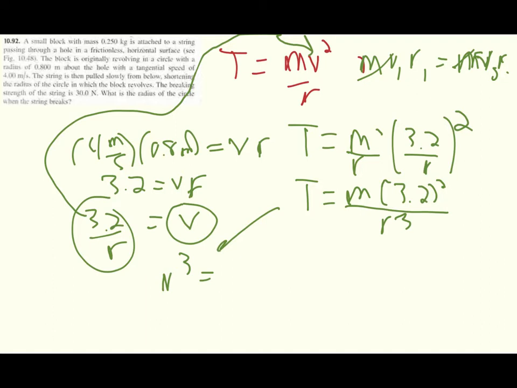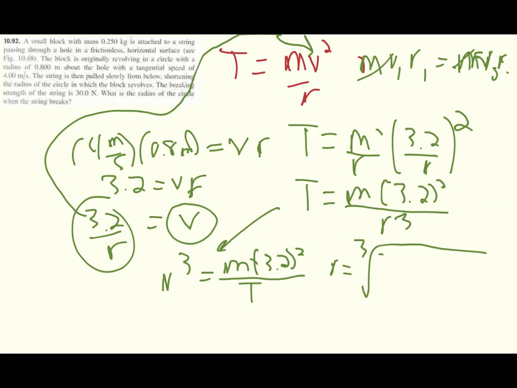m times 3.2 squared over T. So again, I'm solving for r, which is going to be the cube root. Now I'm going to substitute everything in.